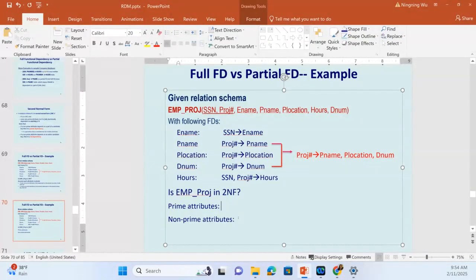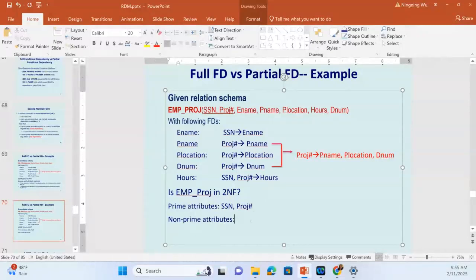Prime attributes are those attributes that appear in a key. So if our key contains two attributes, then both attributes are prime attributes. That's the easy way to identify them. In this example, we only have a single key, so SSN and project number is the only key of this relation. But for some relations, if we have multiple keys, then we simply list the attributes of all the keys, and each one of them is called a prime attribute.